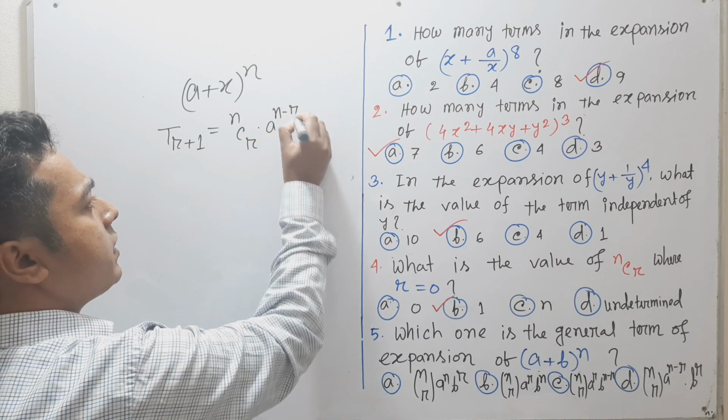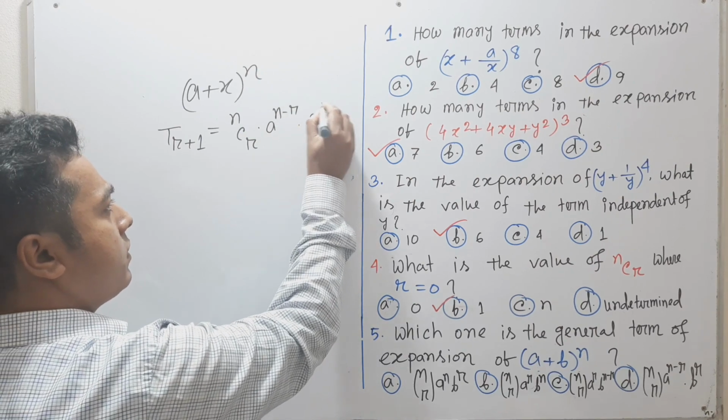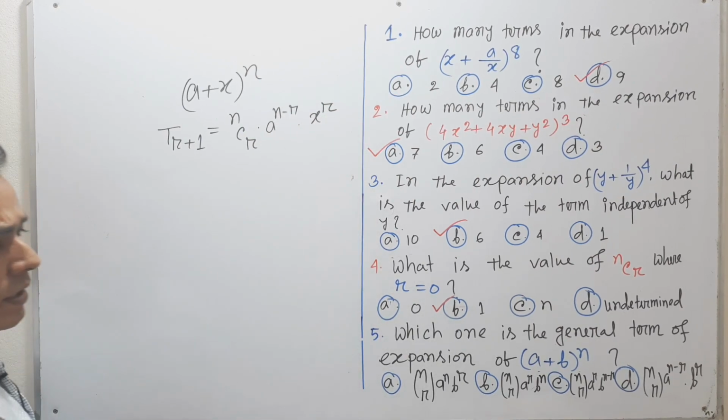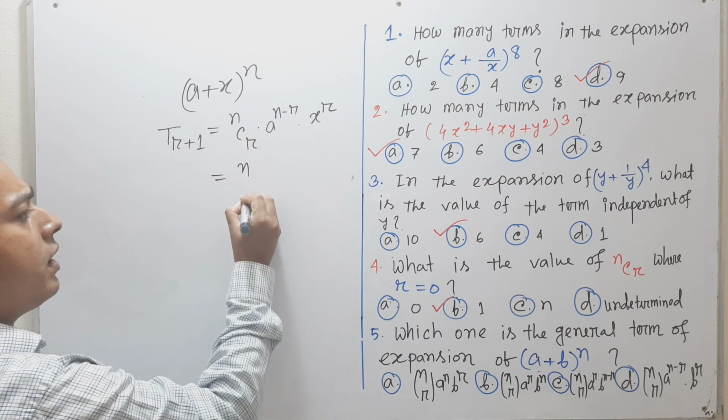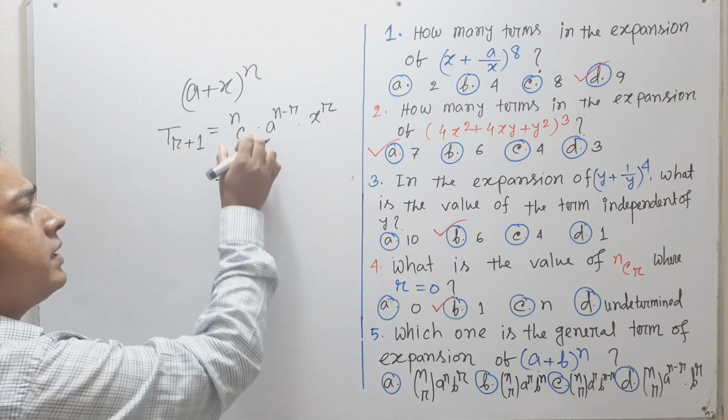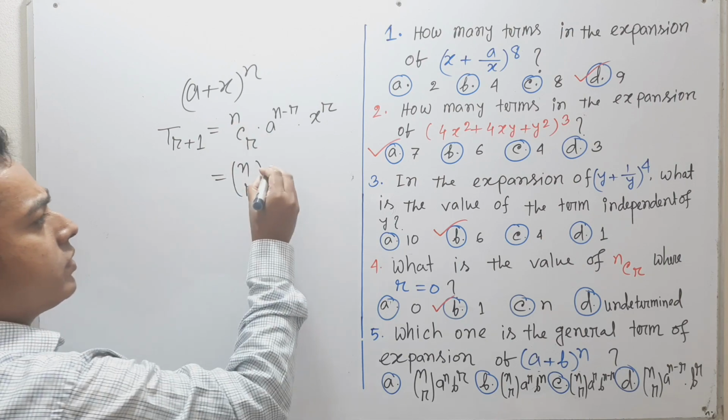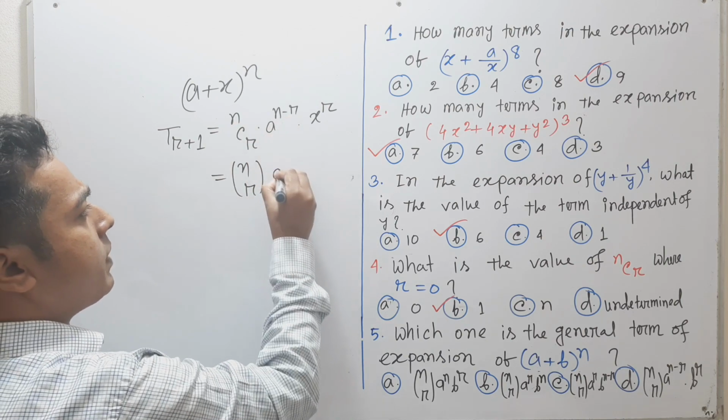Here we can write nCr with the symbol, and a to the power n minus r into x to the power r.